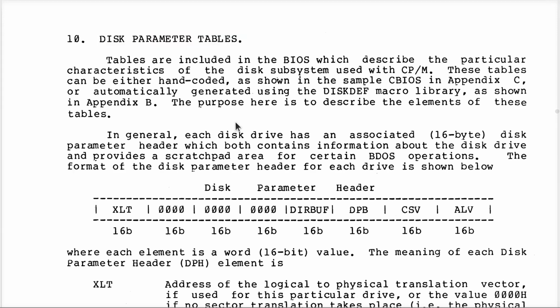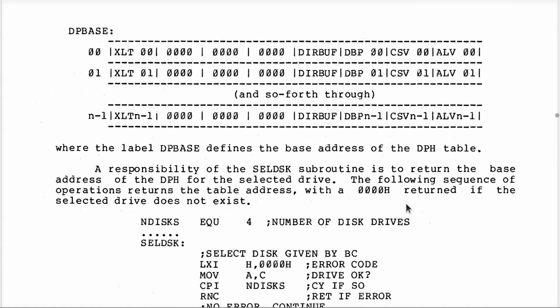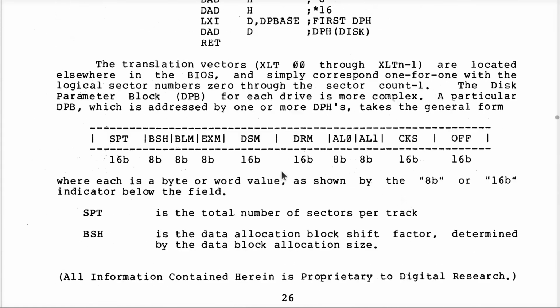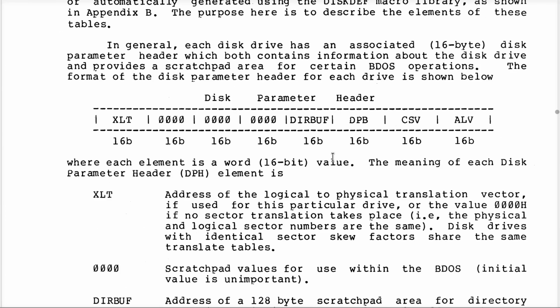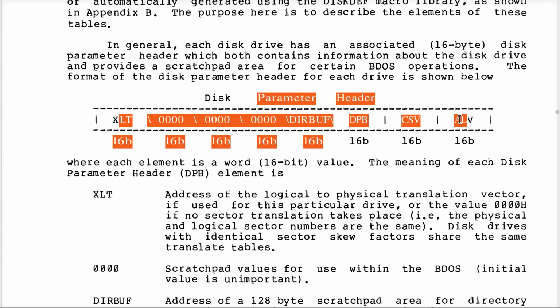All right. We have this header. And then later on, you're going to see we have this thing down here called the disk parameter block, okay? Which is right here, right? The DPB, all right? So if we talk about the DPB, we're talking about this thingy here. If we're talking about the DPH, we're talking about this thing up here, all right?